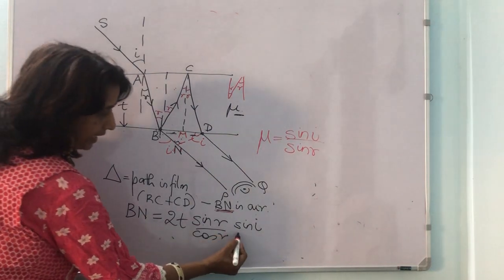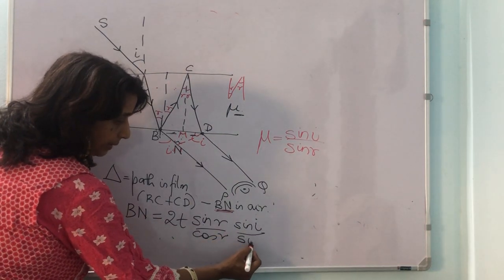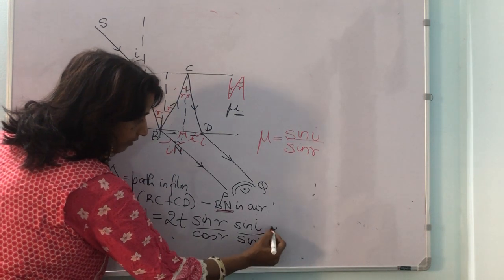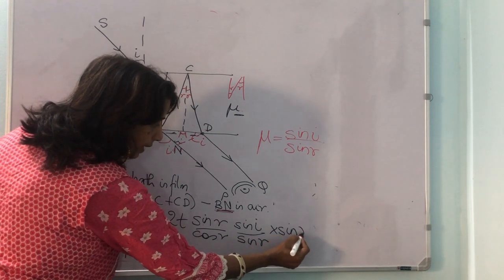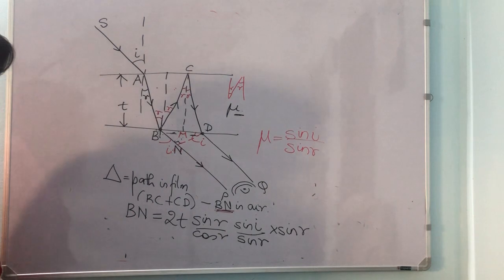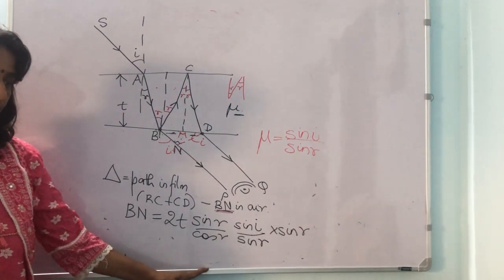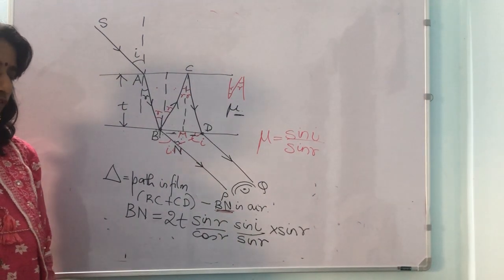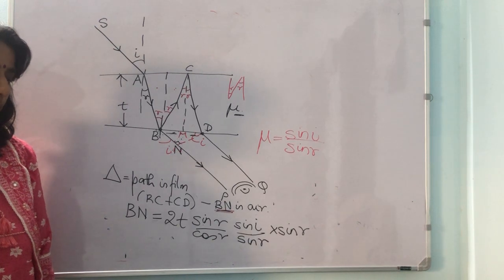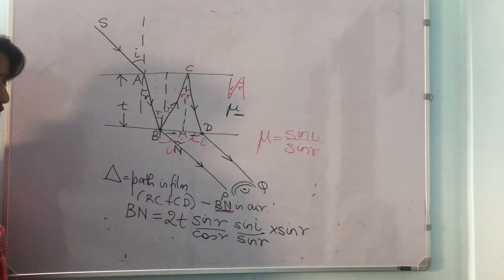We multiply and divide by sin R. Why are we doing this? We are purposely doing it to introduce mu in the expression and use the formula sin square theta plus cos square theta is equal to 1.